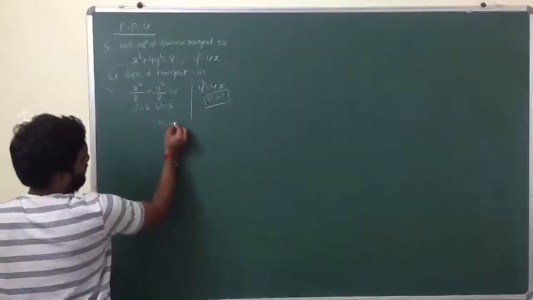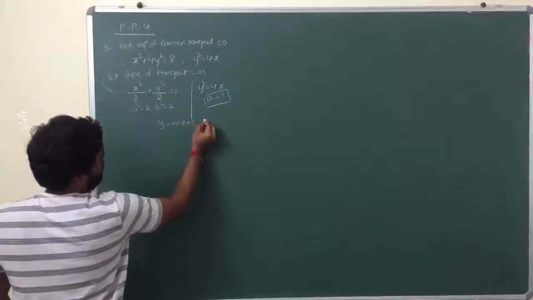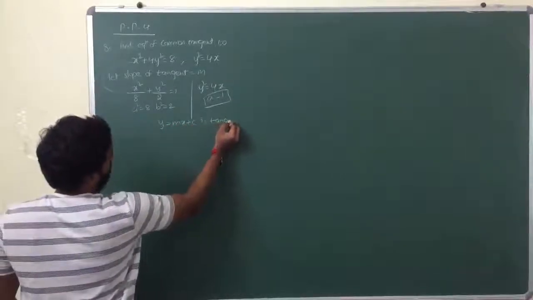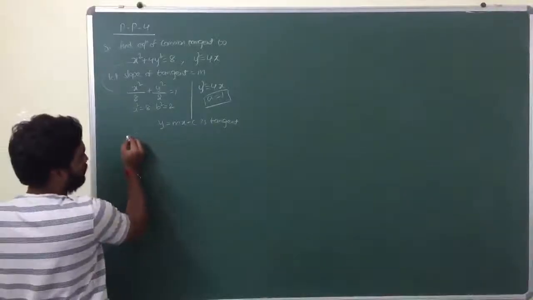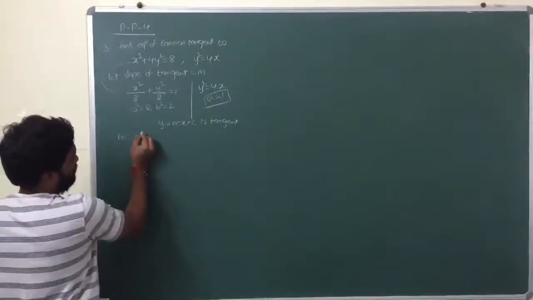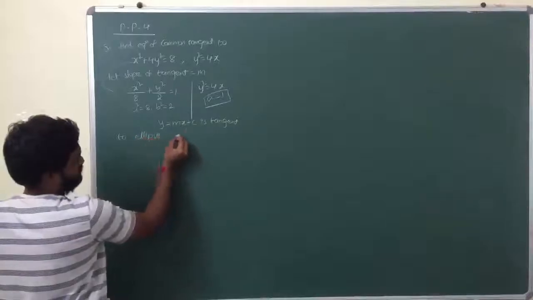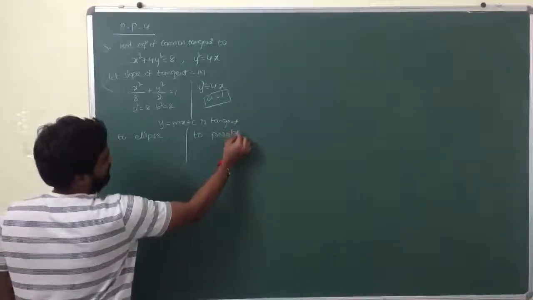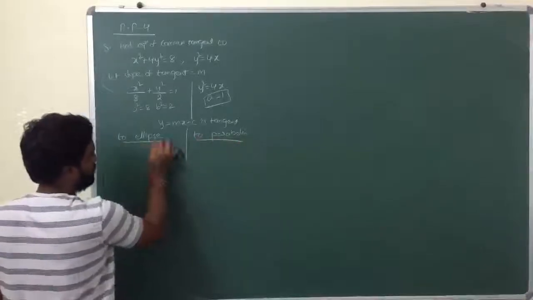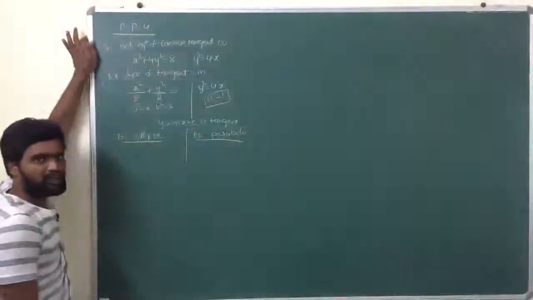Suppose the equation of tangent y is equal to mx plus c is tangent to the ellipse and to the parabola. We have two conditions. If the line is tangent to the ellipse, what is the condition?